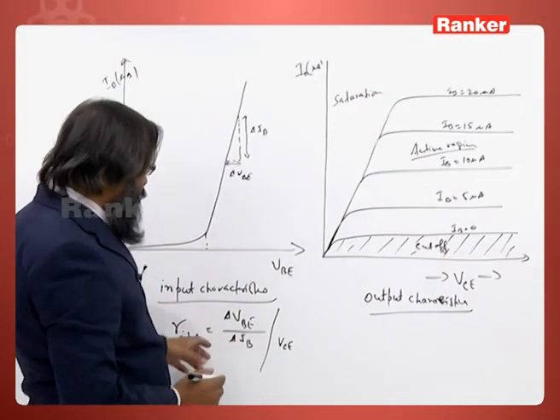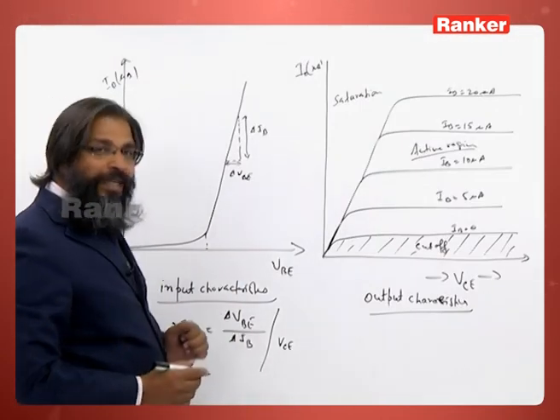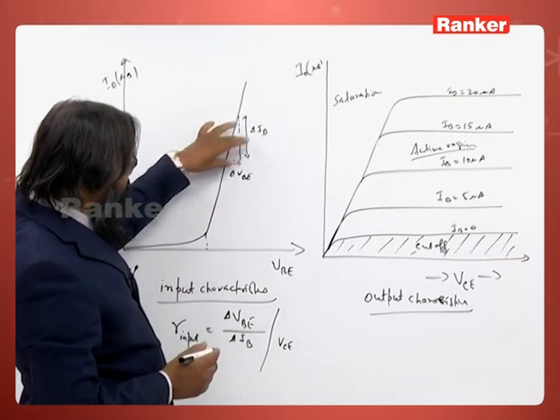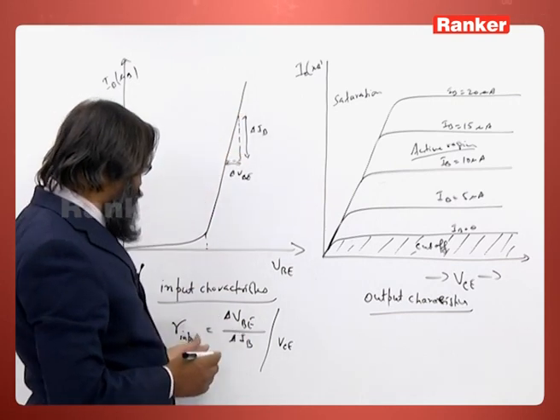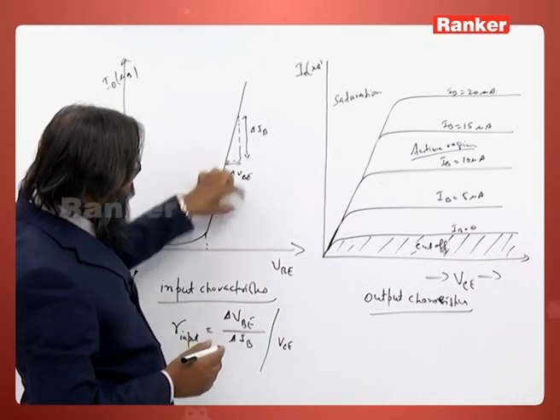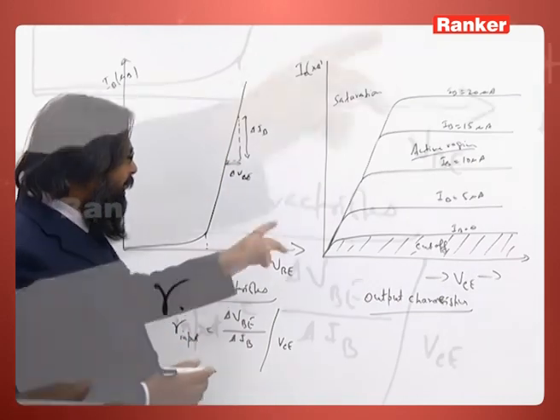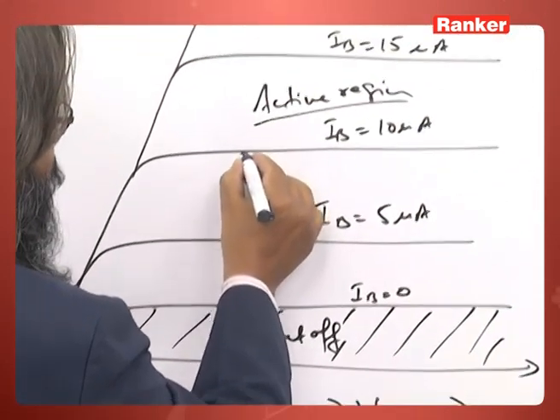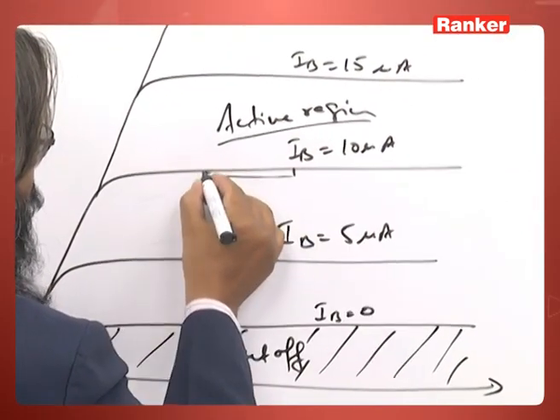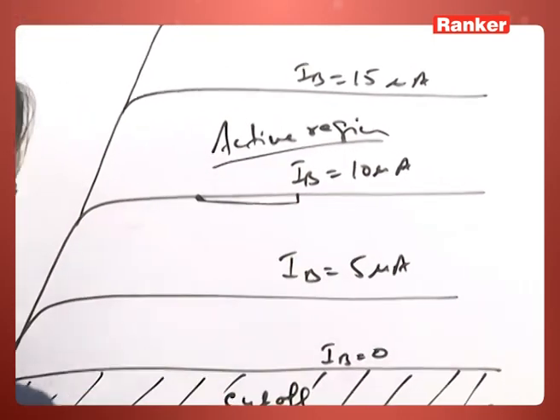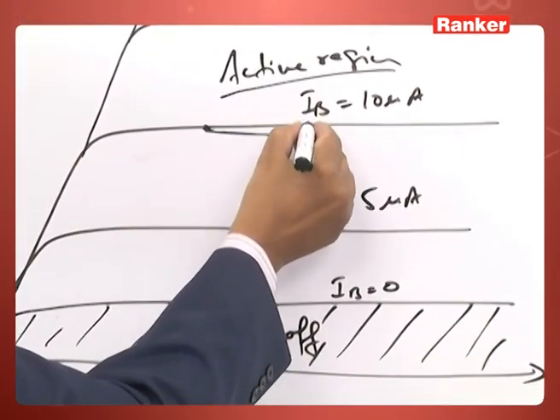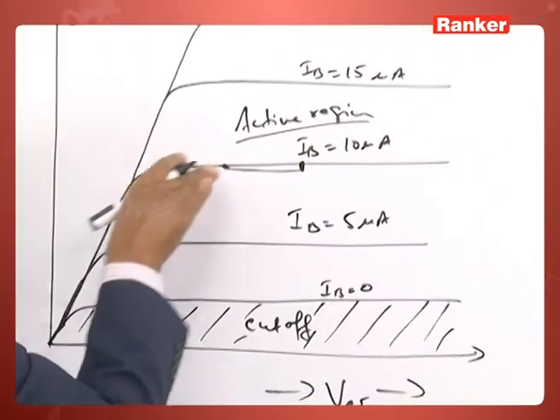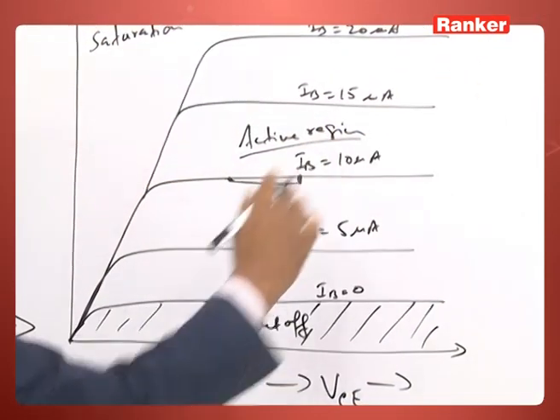We may define this as AC input resistance or DC input resistance. If I take this change, we will define it as AC. Here also we can define this small quantity. The current changes negligibly here; this is not linear, somewhat growing like that. So, there is a slope here.